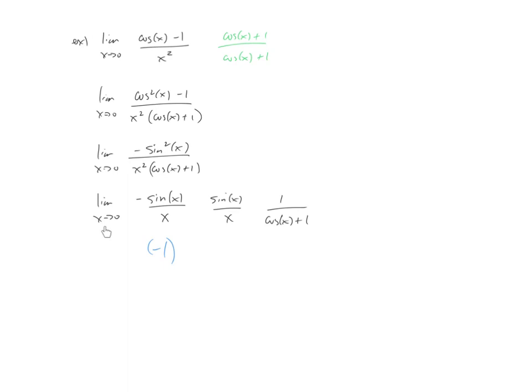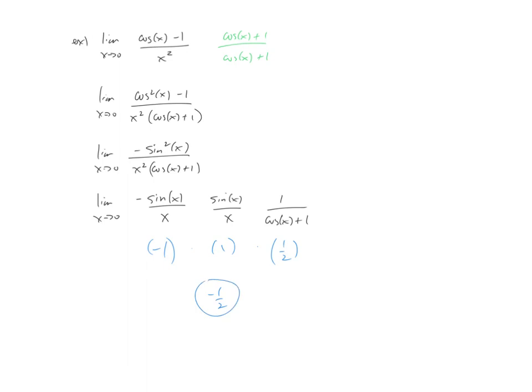The limit as x goes to 0 of sine x over x is going to be a positive 1 out of that guy. And then when I evaluate this one, this is actually going to give me a 1/2. So a negative 1 times a 1 times a 1/2 gives us a negative 1/2 for our final answer.